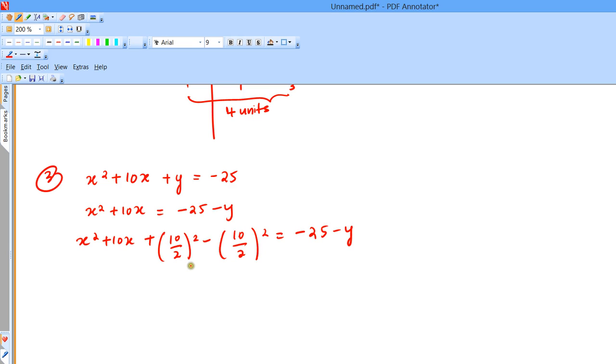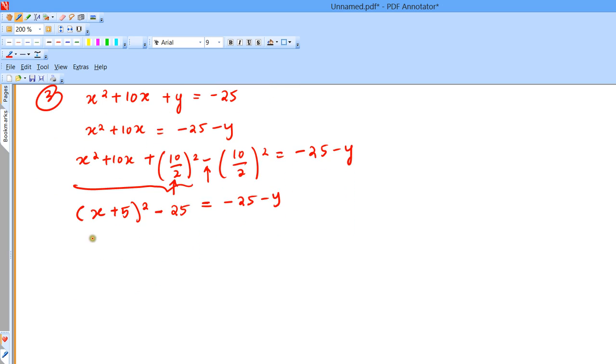And if we simplify these three terms, equal to x plus, simplifying the first bracket, 10 over 2 equals 5, positive 5. So (x plus 5) squared, and then we have a negative sign, 10 over 2 equals 5, and squared equals 25, equal to -25 minus y.